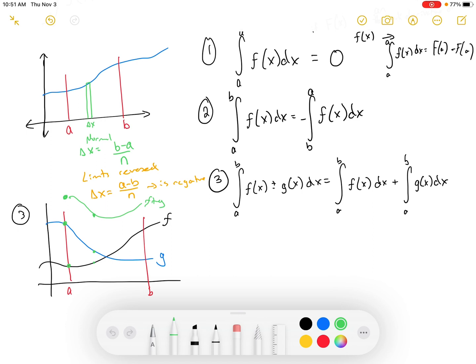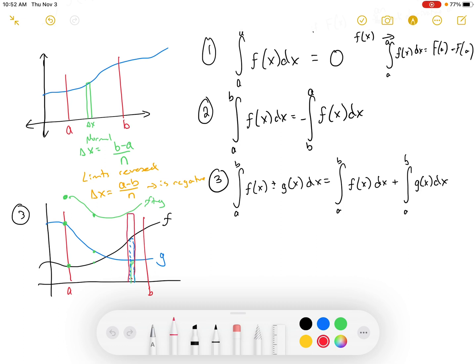And it doesn't take much convincing to realize that the area under f plus the area under g would be the area under my f plus g, right? If we think about my little rectangles, I'd have a little rectangle, maybe here, and another little rectangle on top of that. The sum of those areas would equal this third rectangle that went above both of them.